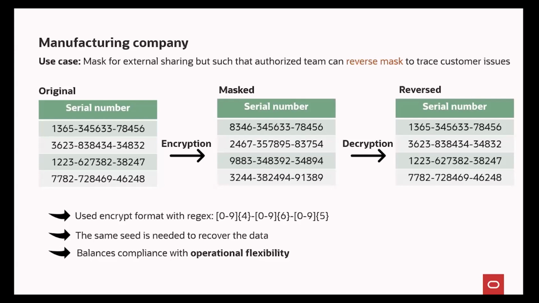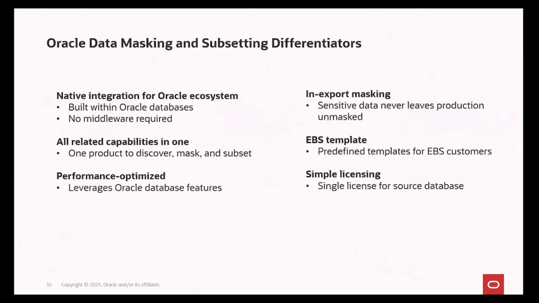So these are some of the use cases that our current customers have been implementing. And there are many more use cases with other masking characteristics which can be achieved using DMS. Let's wrap up with our key differentiators that really make DMS stand out.